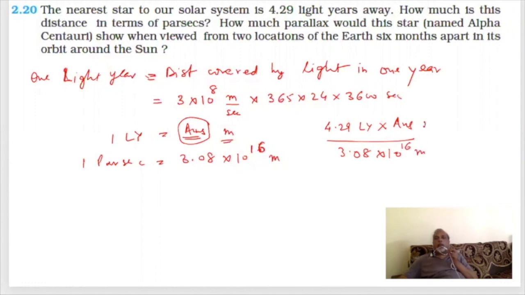This is also meter and this is also meter. So this will give you how many parsecs there are. So this is one part.